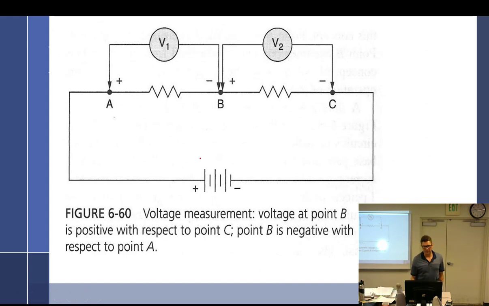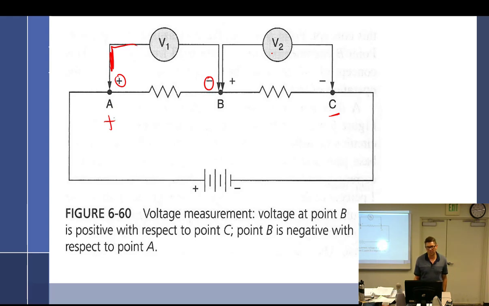We talked about where A is positive, correct? That's absolutely positive. It's on the positive side of the battery. C is negative because it's on the negative side of the battery. But if you're checking voltage across A, then this is the positive and this is the negative. And so this is going to be the red lead, and the other side is going to be the black lead. So that means A is positive and B is negative.